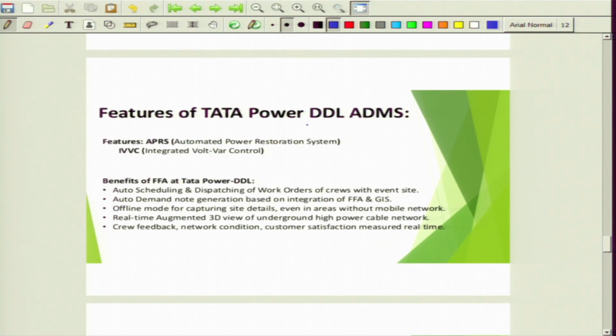So, features of Tata Power DDL and ADMS features are APRS, Automated Power Restoration System, and IVVC, Integrated Volt-VAR Control.